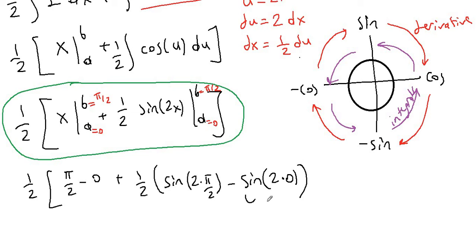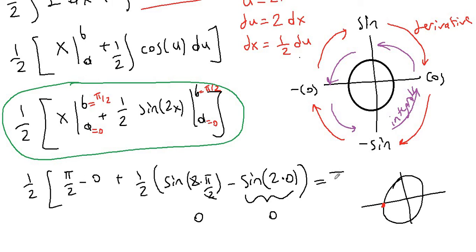Sine of 0 is 0, and sine of pi is also 0. On the unit circle, if we check pi, which is here, the y-coordinate of this point is 0. So sine of pi is 0. So what we obtain is 1/2 times pi over 2, which is pi over 4, the answer for the integral of cosine squared of x from 0 to pi over 2.